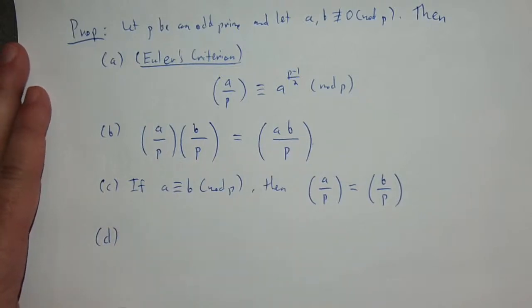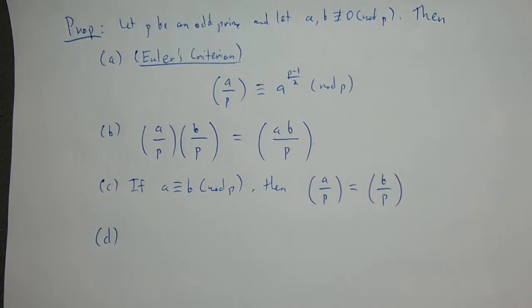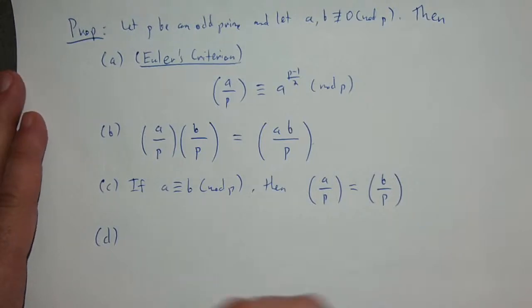And lastly, and this is important. What I'm going to write out for D here is actually typically included as part of quadratic reciprocity, and I'll state it again when I write out quadratic reciprocity. This is called one of the supplementary laws. So in this case, this is the supplementary law for -1.